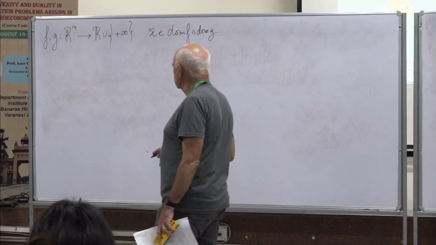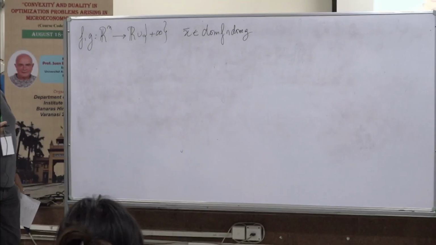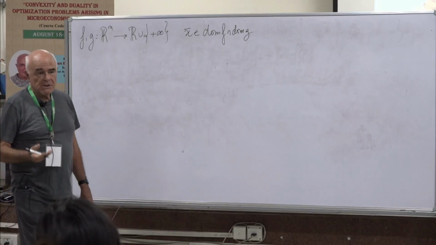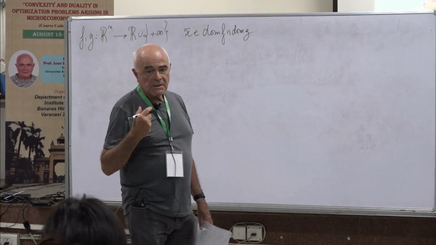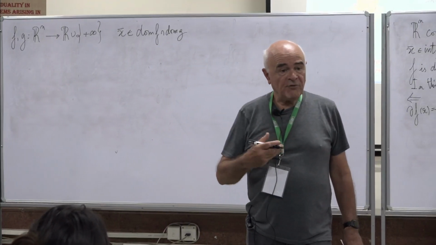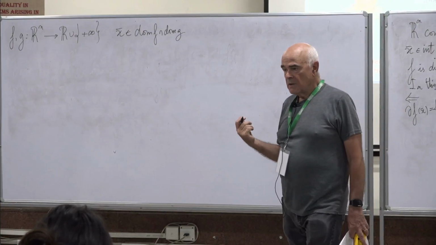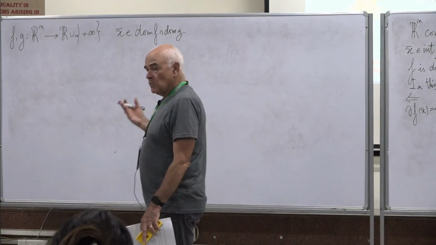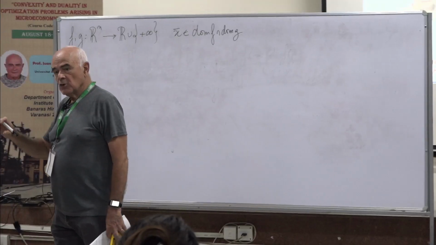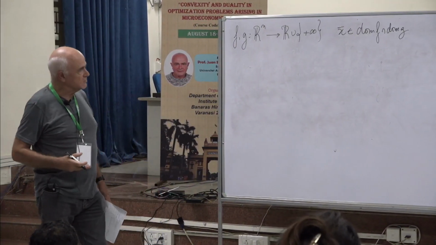And then I can consider the subdifferential of f, the subdifferential of g, and the subdifferential of f plus g, always at the point x bar. Okay? Because x bar will also belong to the domain of the sum, which is the intersection of the domains.